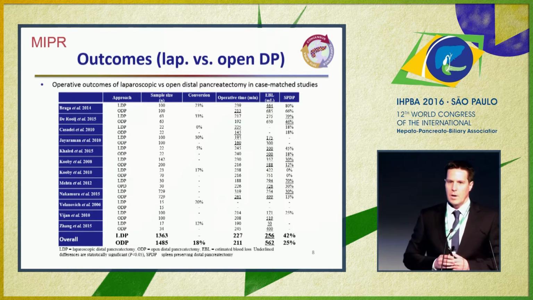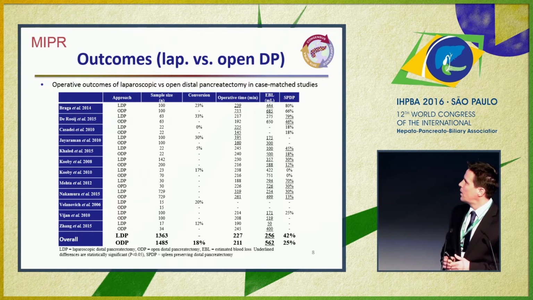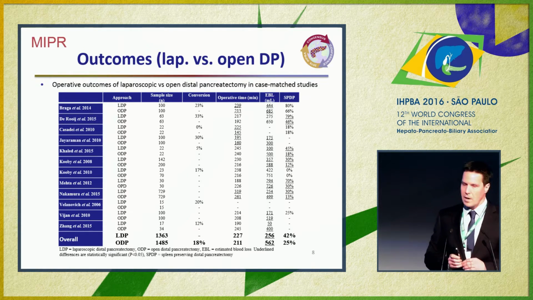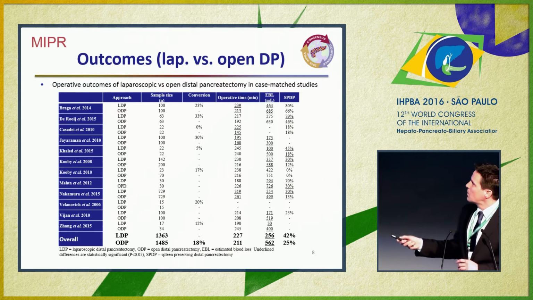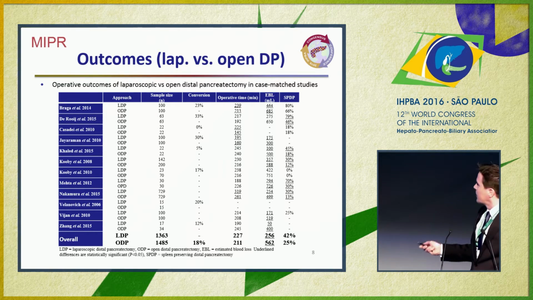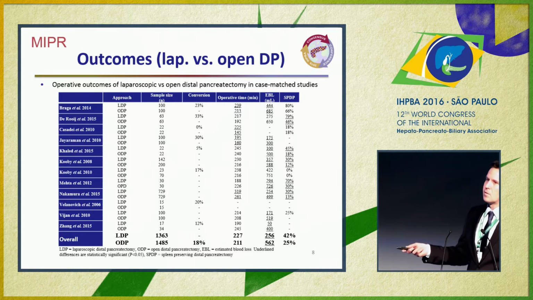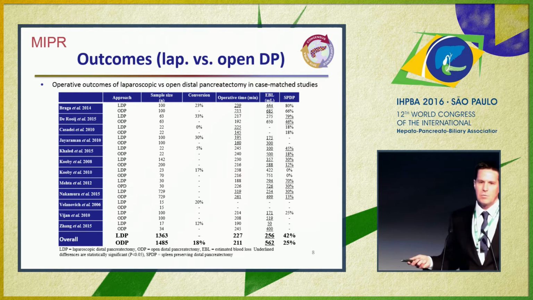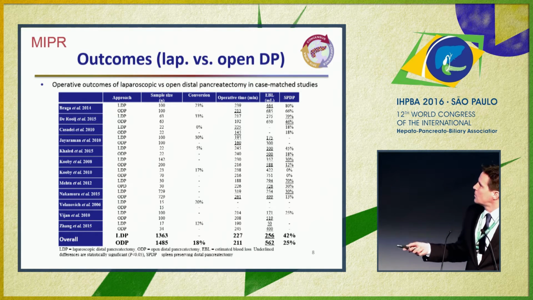As I said, there were case-match studies for this comparison. We did stratification for study design, so these case-match studies were analyzed separately, and I calculated means and medians. I know this is not the correct type of meta-analysis, but I think for now it's good to digest these data.